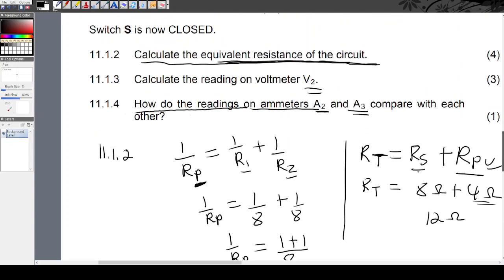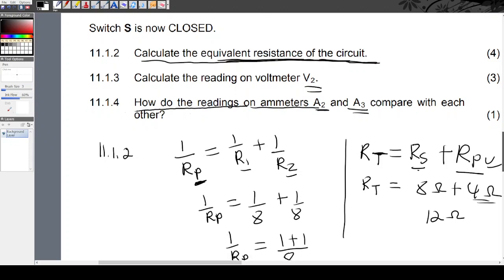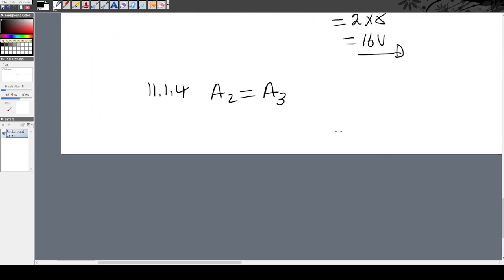We don't even have to explain, but I did explain to you. So they are equal. The values read by A2 and A3 will be the same. A2 and A3 are ammeters number 2 and number 3. Ammeters read current. Current is the same.